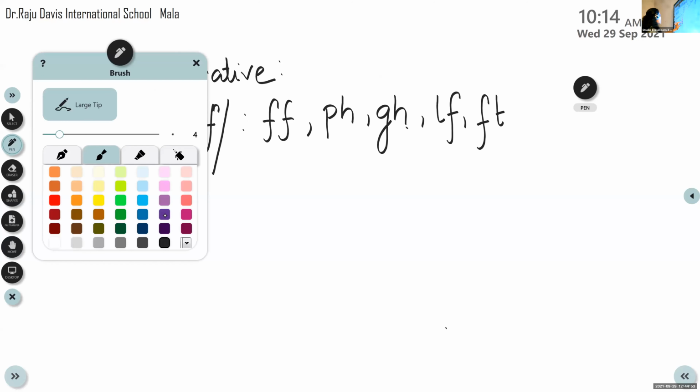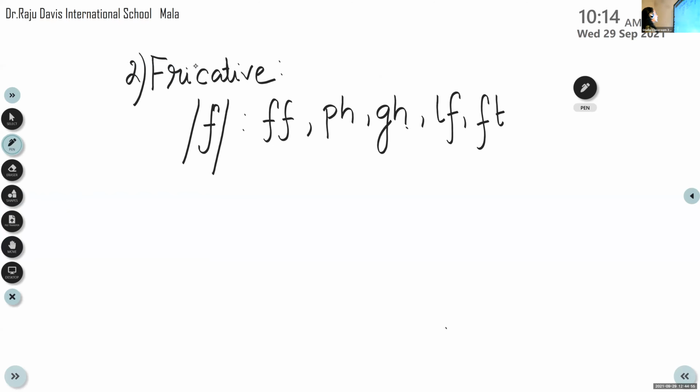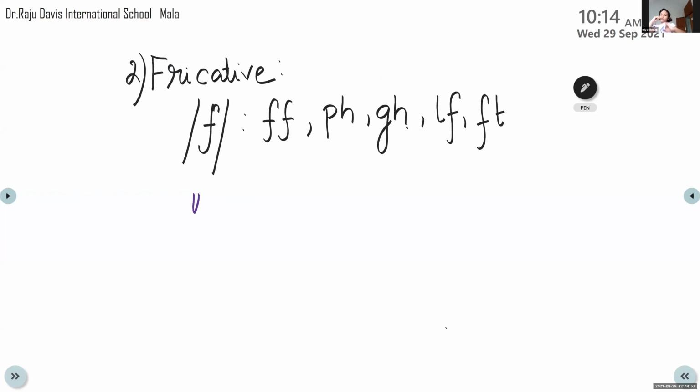Which is the next sound? Okay, so that is the symbol for the v sound.